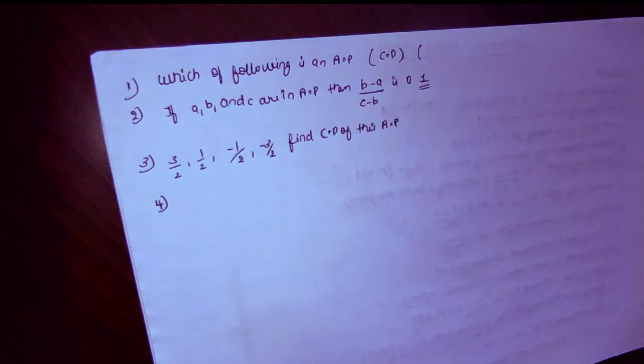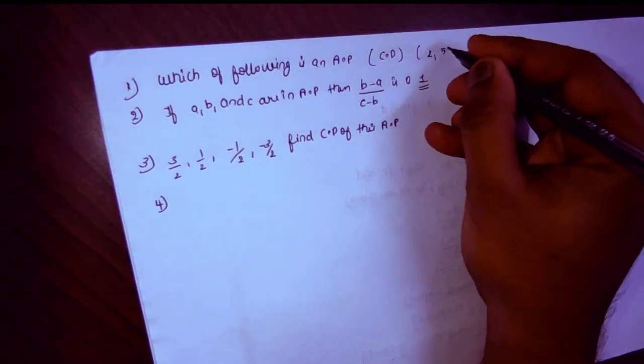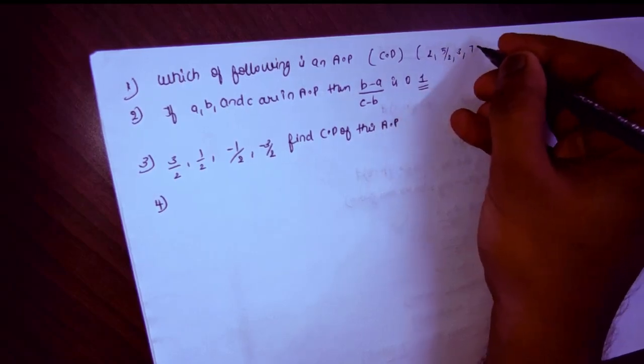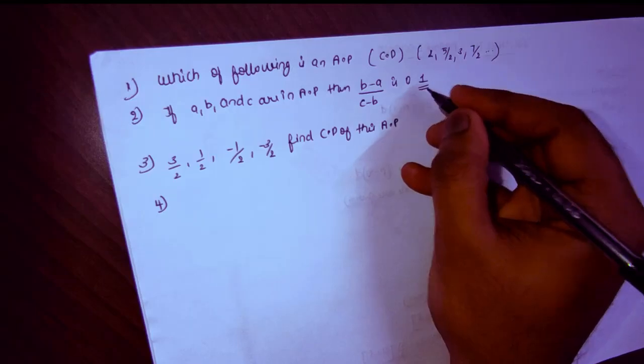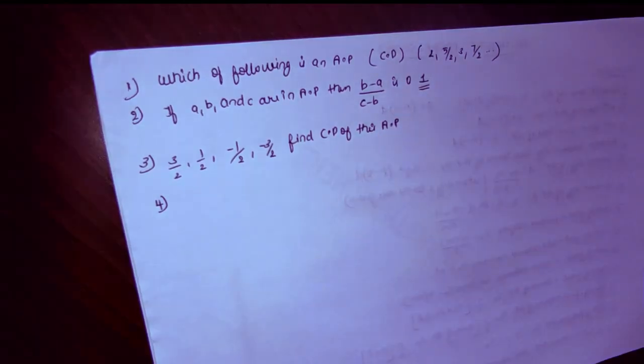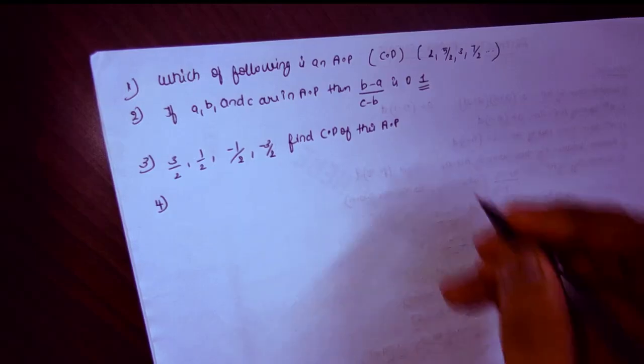The answer for the first question is 2, 5 by 2, 3, 7 by 2. The answer for the second one is 1. So the answer for the third question is minus 1.